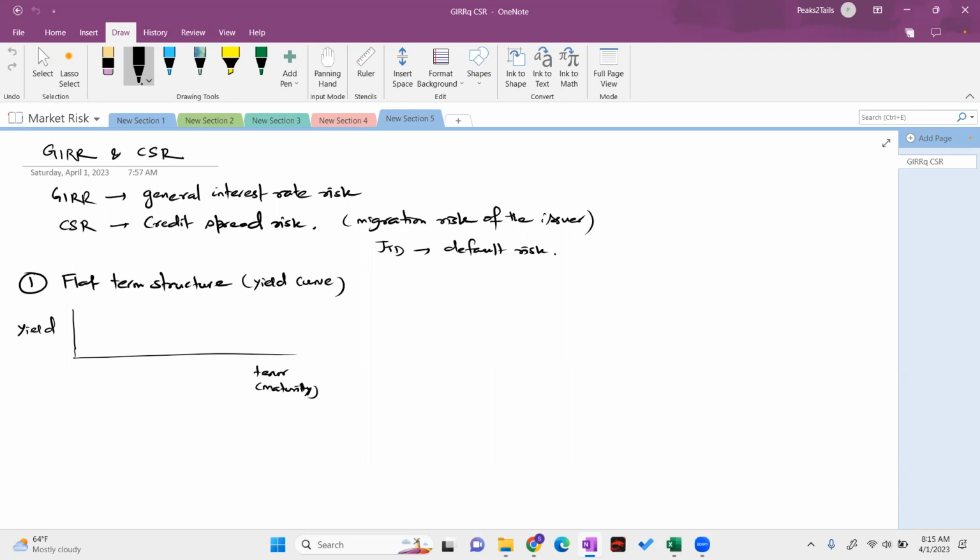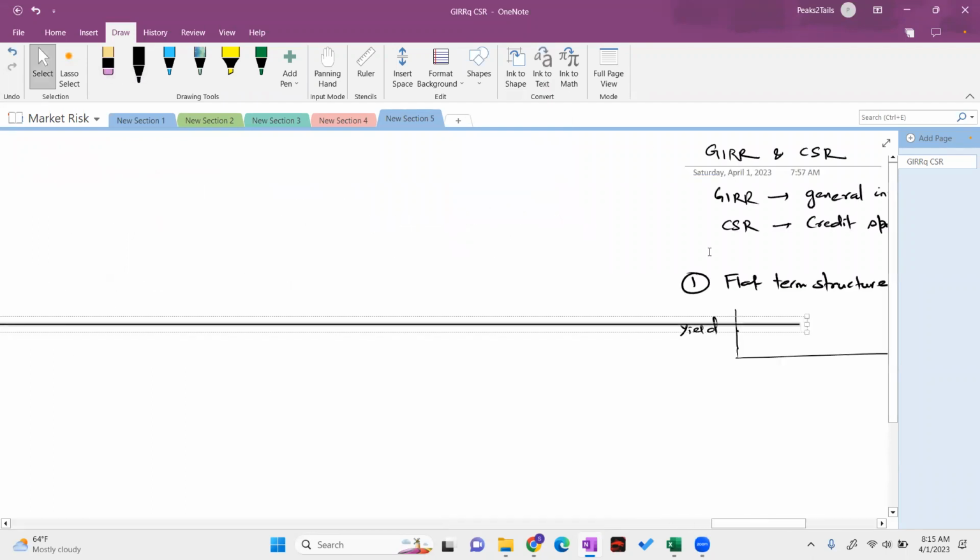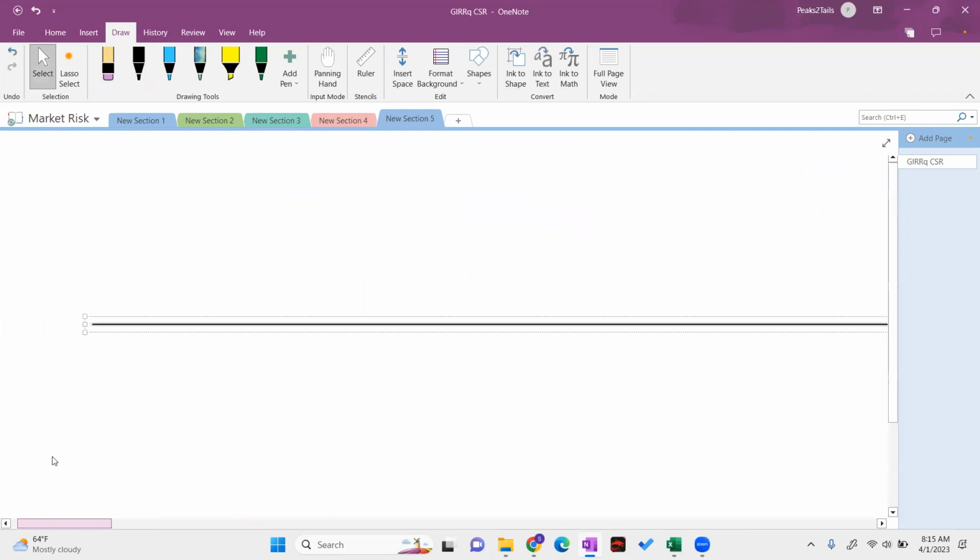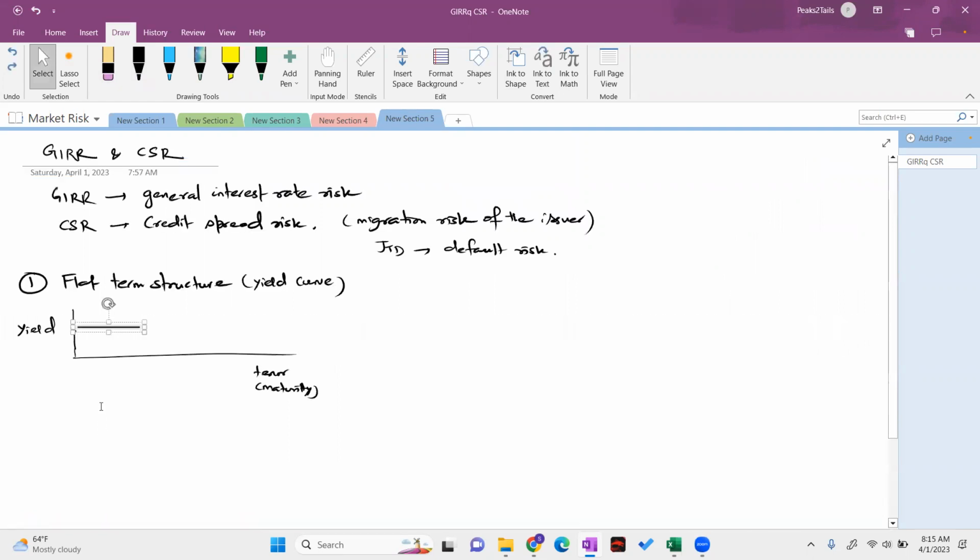For now, we're assuming the term structure is flat. That means it is maturity agnostic. It is the same everywhere. Let me try to draw a parallel line. Okay.